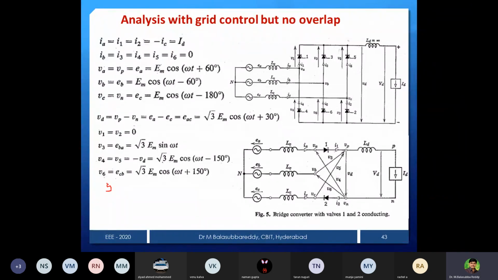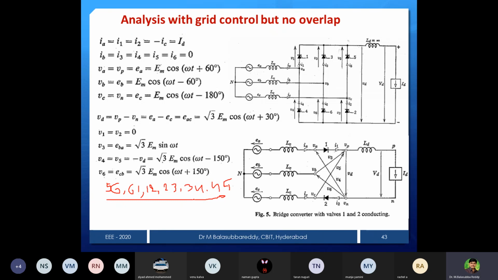So from the starting point onwards, let it be 5 6, then 6 1, then 1 2, then 2 3, then 3 4, 4 5 and so on, then 5 6. So now we can see 1 2 3 4 5 6, 6 pulses, if we consider no overlap between the devices.